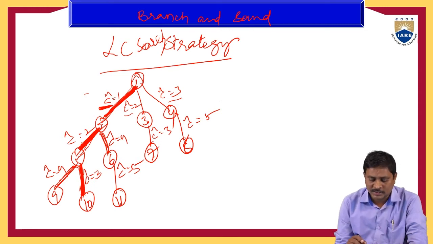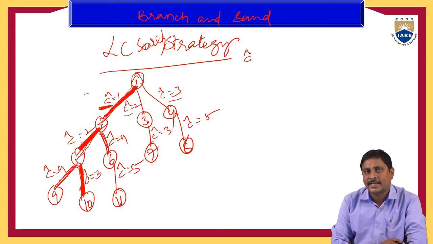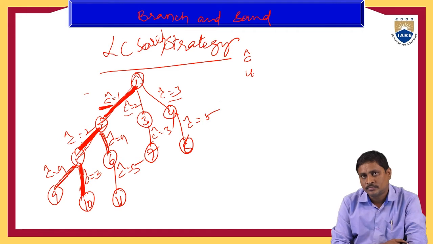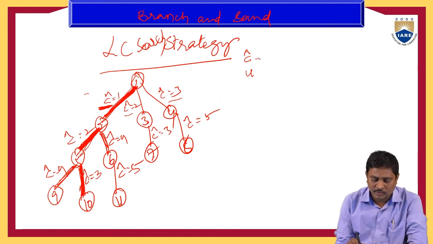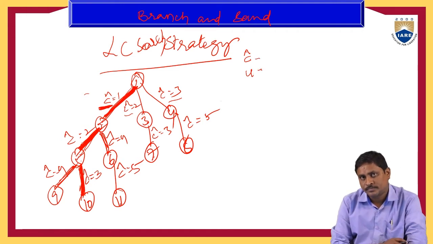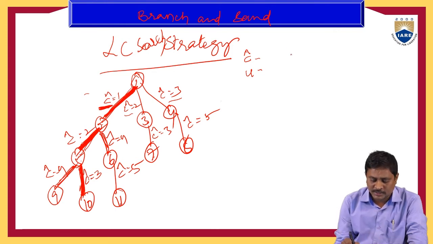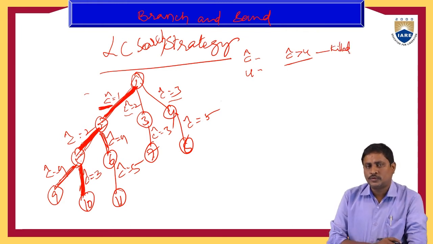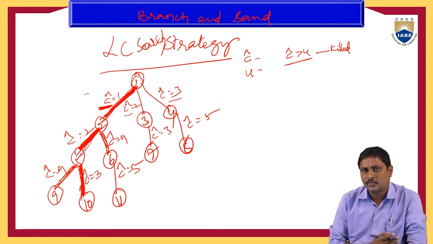In this least cost search strategy, we find the least cost function C cap and the upper bound U. This is the lower bound, this is the upper bound. At any stage, if this lower bound value is greater than this upper bound value, we kill the nodes, we kill that process, and we choose another path to find the solution.